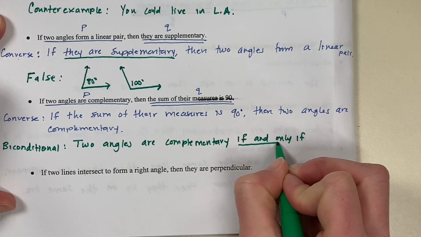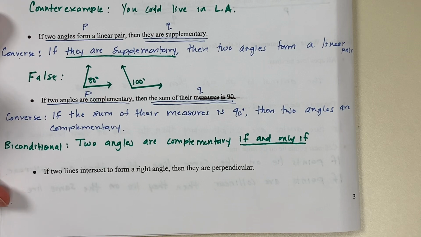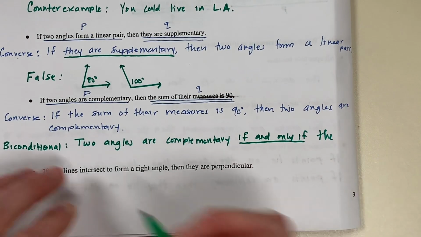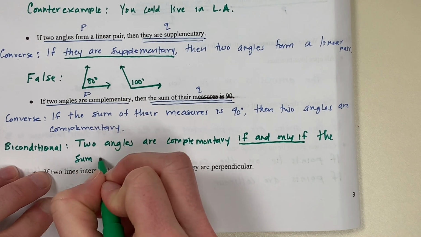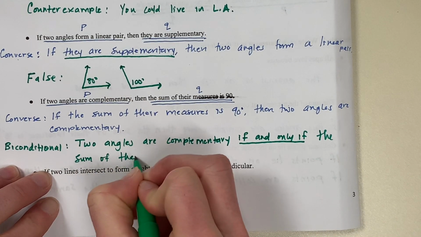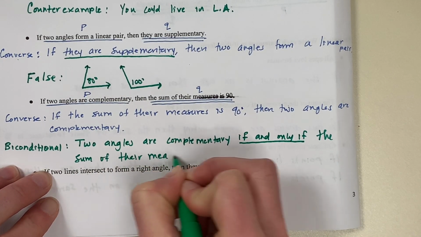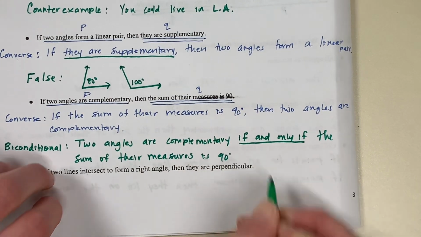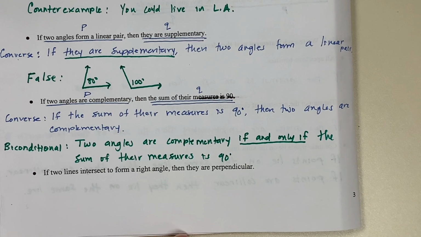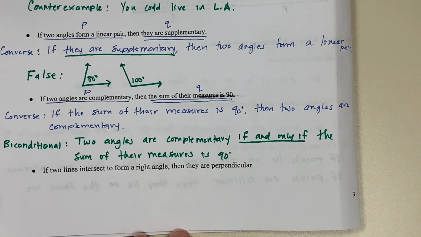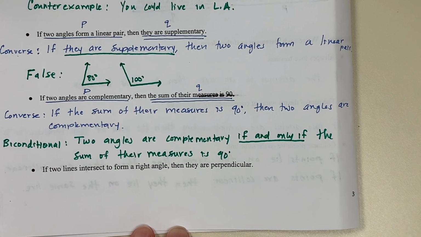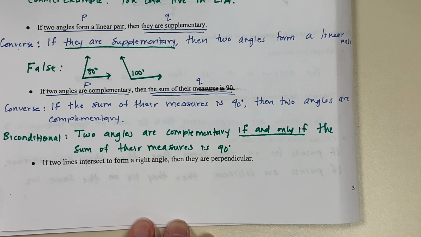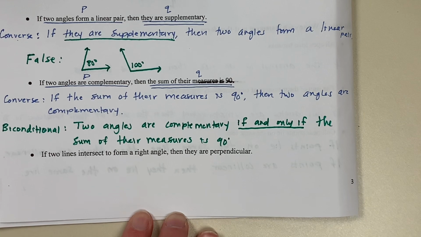And then I write the conclusion. The sum of their measures is 90 degrees. Okay. So a true conditional and a true converse yields a biconditional. Two angles are complementary if and only if the sum of their measures is 90 degrees.